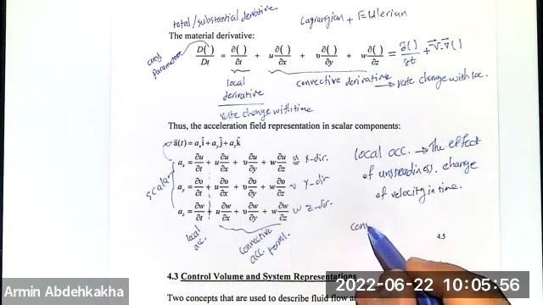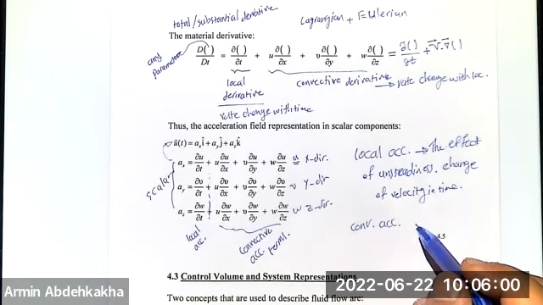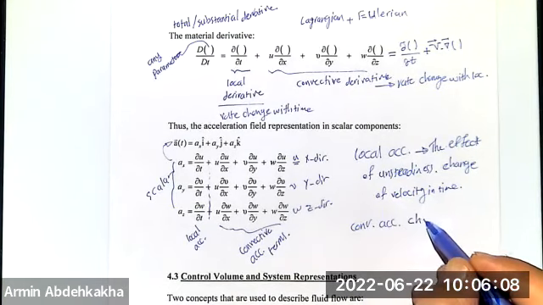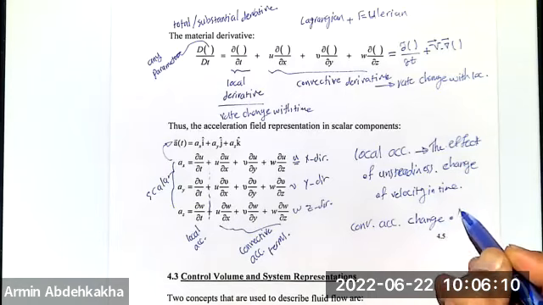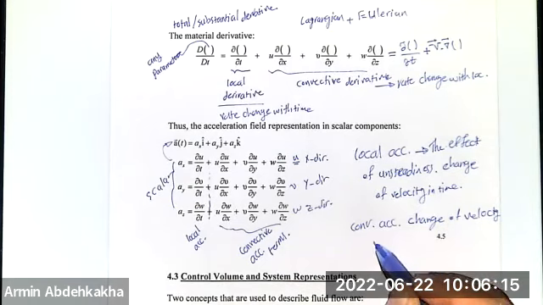But the convective acceleration represents the change of velocity in changing space, a spatial location, right?